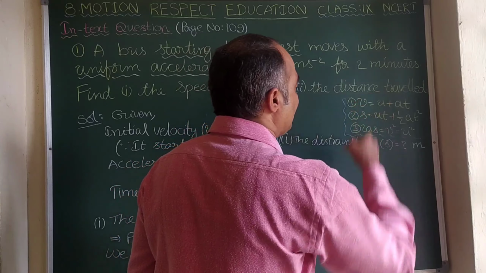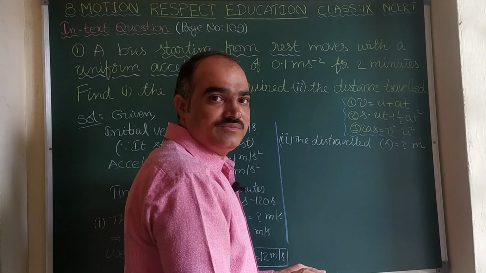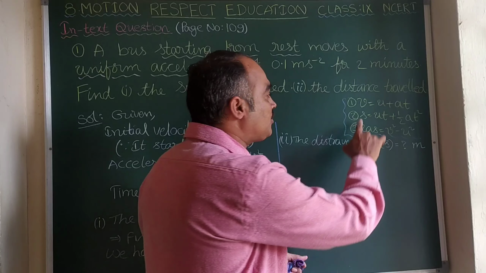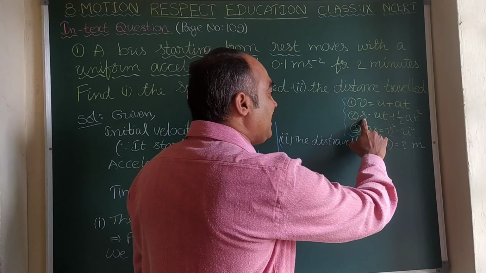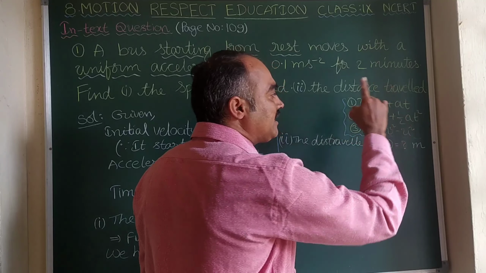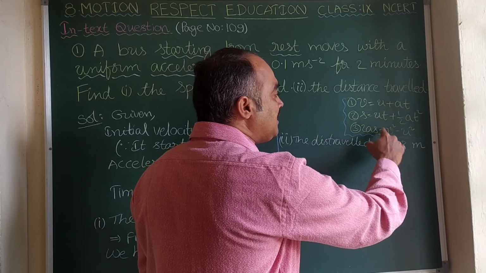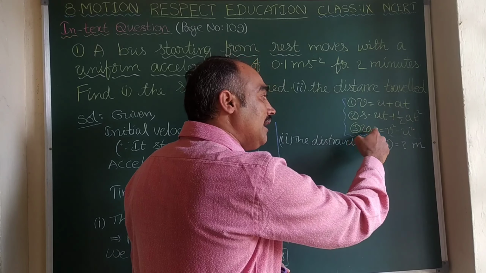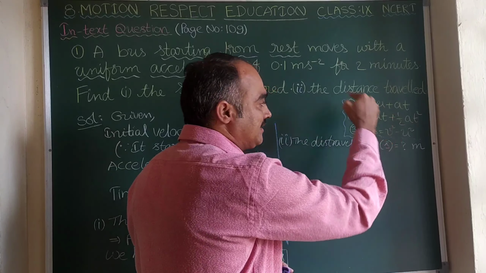Here you observe the equations. First one does not have s. So to find s, first one is not at all suitable. In the second one, s is there: s equal ut plus half at square. Second one can be used for finding s. In this third one, 2as equal v square minus u square, the third equation also has s.